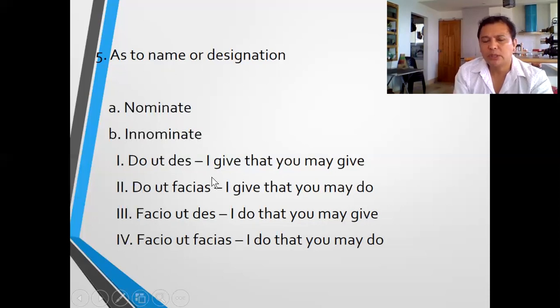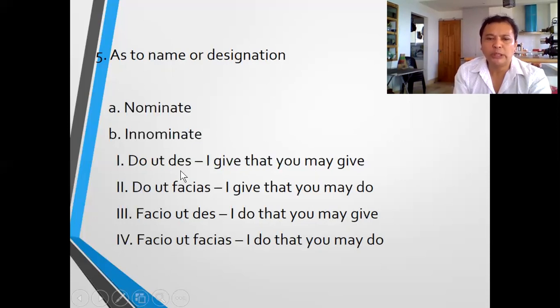The first one is, I give you so that you give me a thing. The second is, I give you so that you may do. I'll give you this, then you do. Then facio ut des, I'll do this and you give. Number four is facio ut facias. I will do this, and you will do this. So these are innominate contracts.